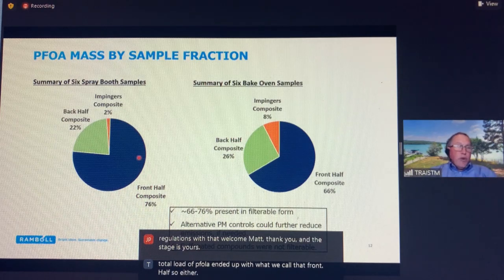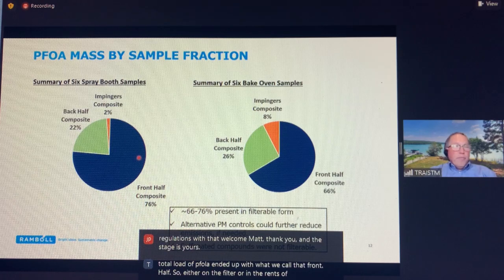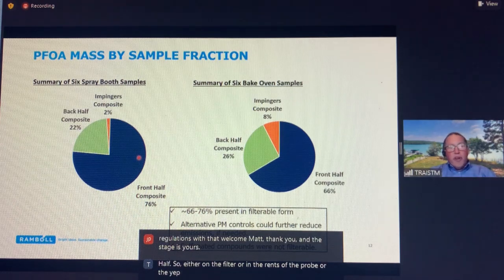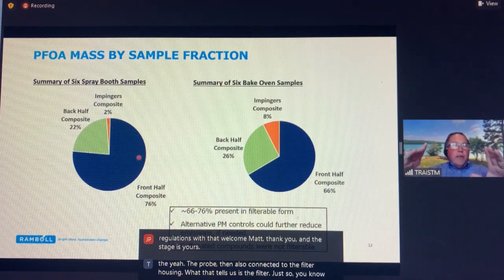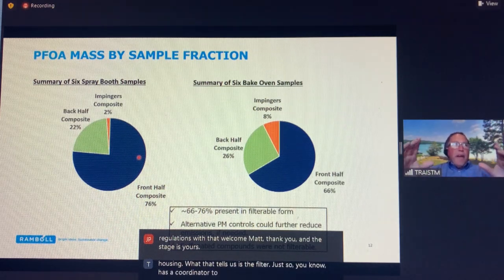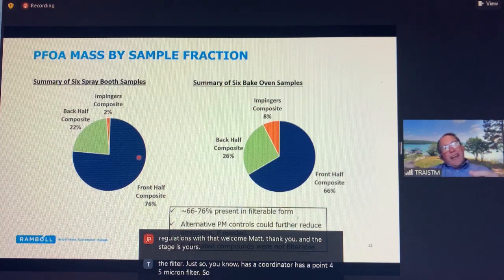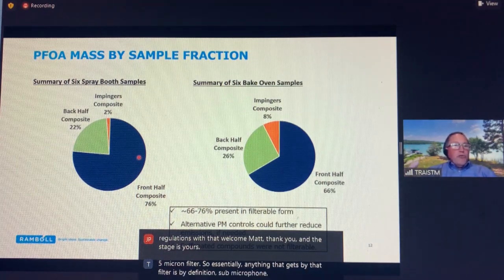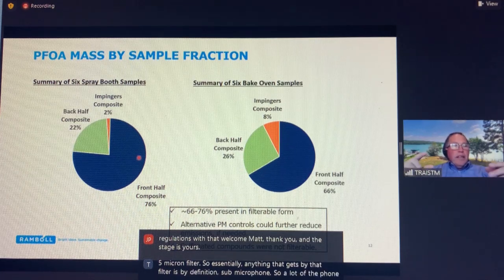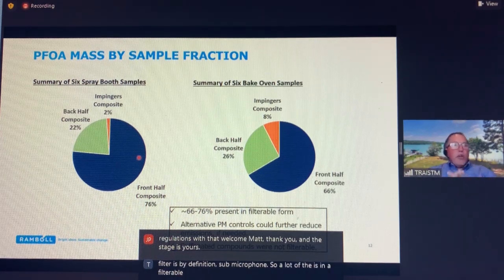So either on the filter or in the rinse of the probe, or the nozzle connected to the filter housing. What that tells us is the filter, according to OTM 45, has a 0.45 micron filter. So essentially anything that gets by that filter is by definition submicron. So a lot of the PFOA is in a filterable fraction, at least 3/4 of it.